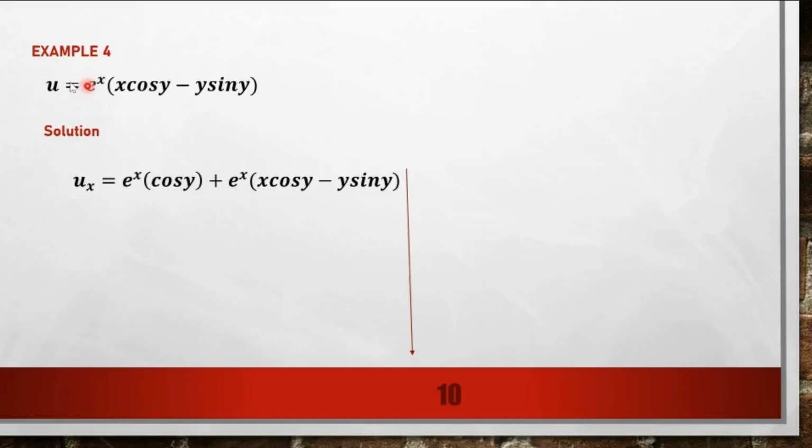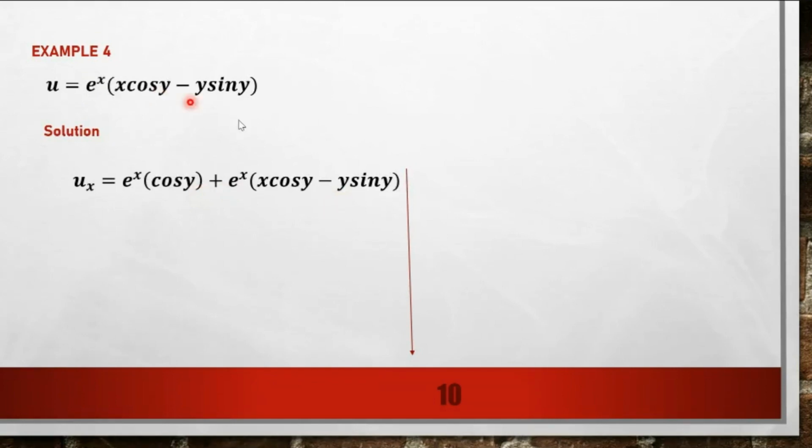First function into the derivative of the bracket term. तो e raised to x into पूरे ब्रैकेट टर्म का डेरिवेटिव with respect to x is cos y, प्लस second function into the derivative of e raised to x. Derivative of e raised to x is e raised to x itself. तो as it is यहाँ पे ये फंक्शन आ जाएगा.